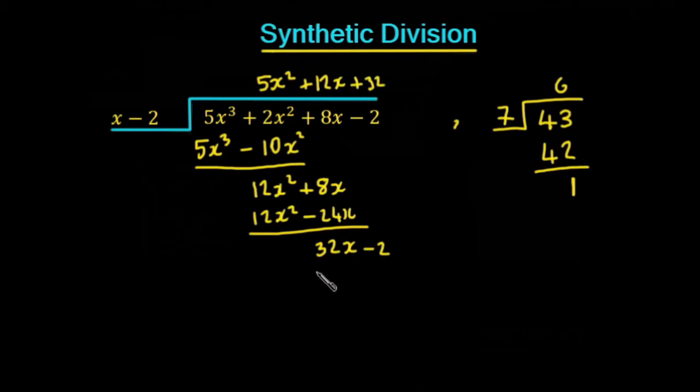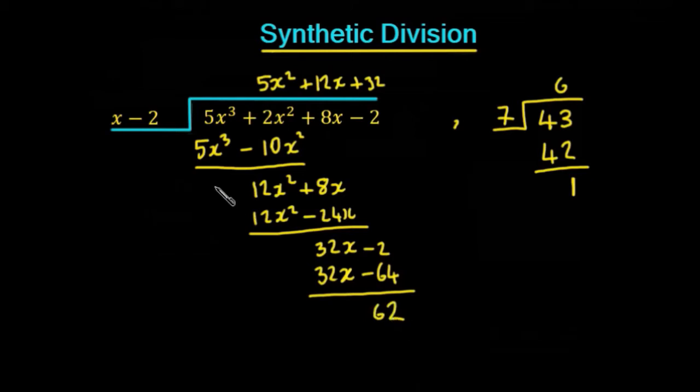So that's going to give us our 32x minus 2 times the 32 is going to give us our 64, and we can subtract these off again. That minus that is 0, and that minus the negative of that is the same as that plus that, which will give us a value of 62.